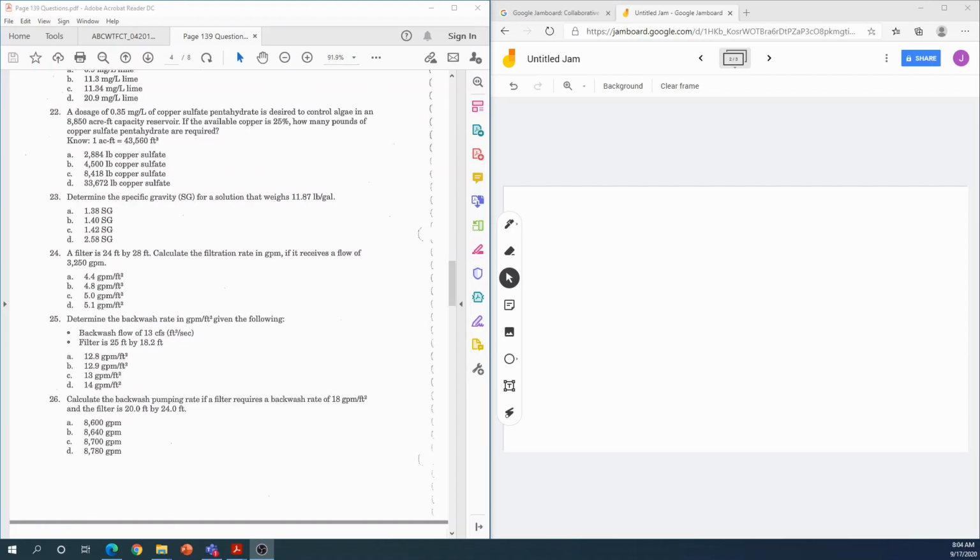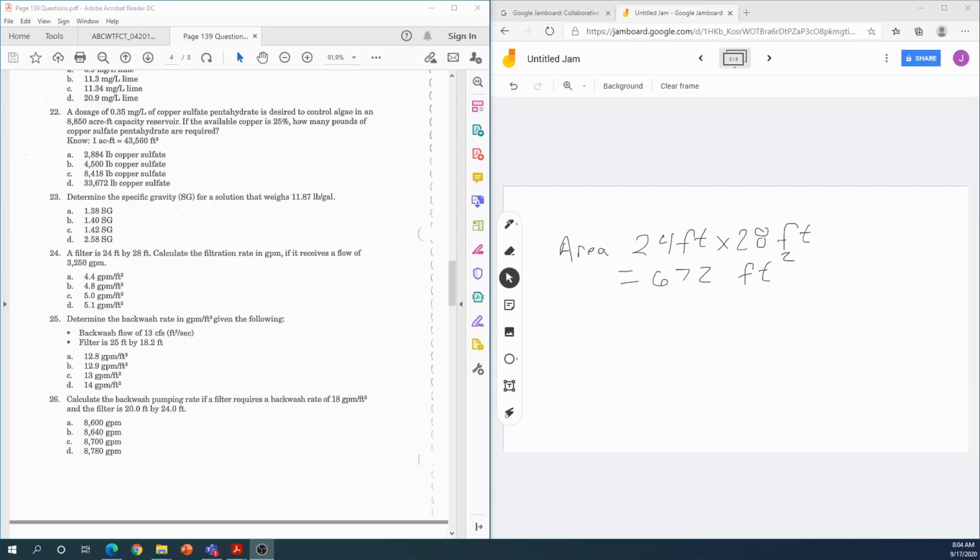So the area is going to be equal to 24 feet by 28 feet. This is going to be equal to 672 square feet.